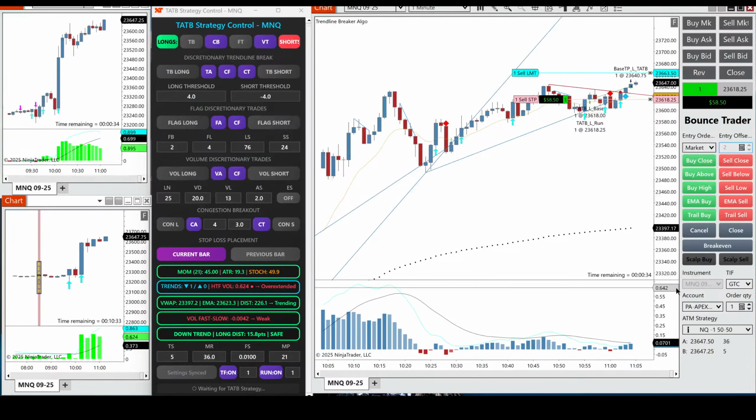Now, why I kept on this trade is the indication that the market is still strong. I thought there is a divergence here, but obviously we didn't have a divergence indicator show here.